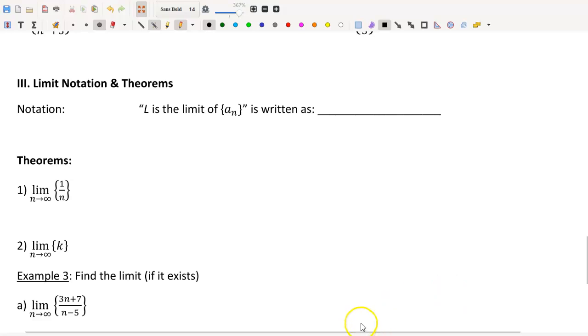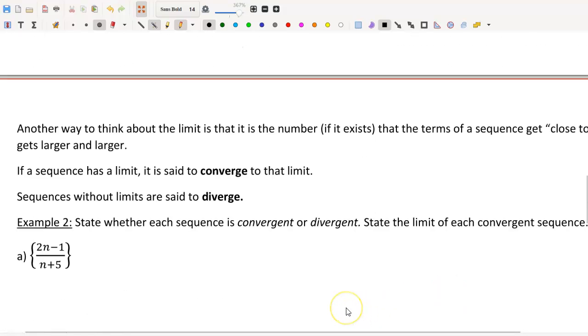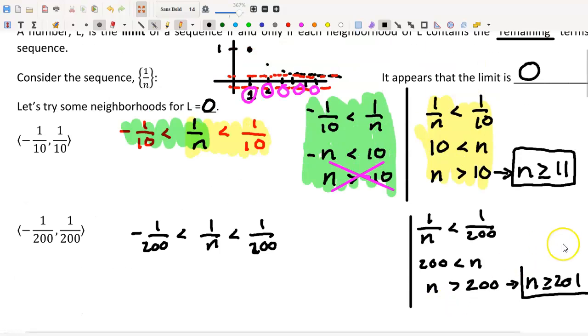So, whoa, where did it go? There we go. So what we really want to do is develop a system where instead of having to plug things back in, and this time to be within 1/10th I need the 11th term or bigger, and then redo the whole problem to be within 1/200, I need the 201st term or bigger, right?